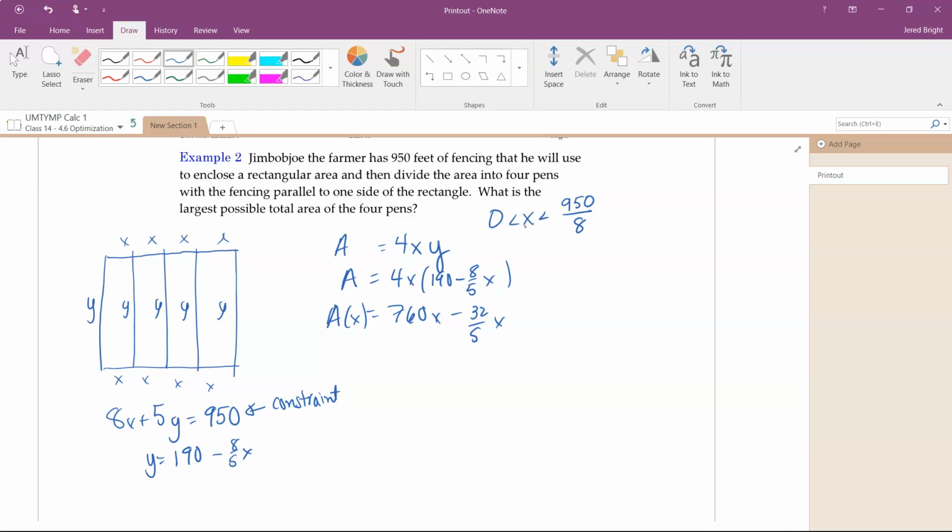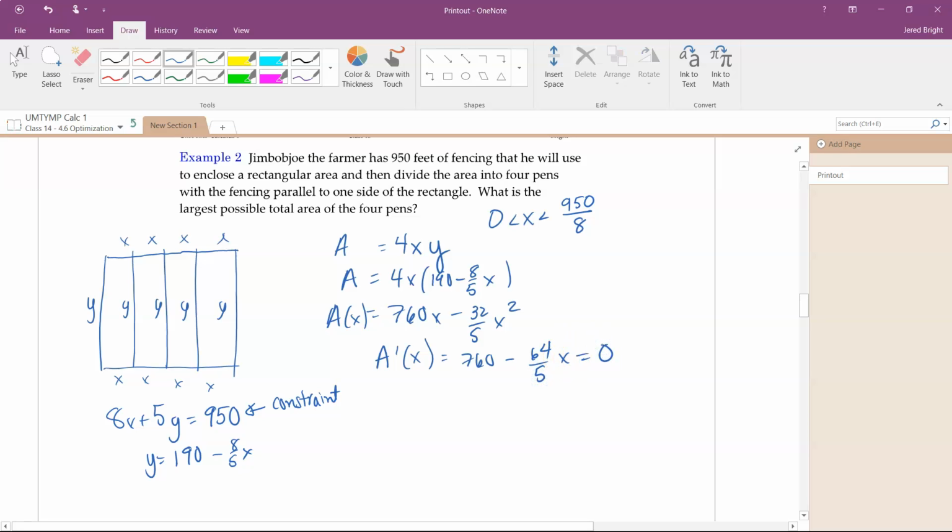So once again I'm kind of stuck. I need to just do the normal method of find the critical numbers and test those. If I had a closed interval, I'd use the closed interval method. Nevertheless, A prime is going to be 760 minus 64 over 5 times x.